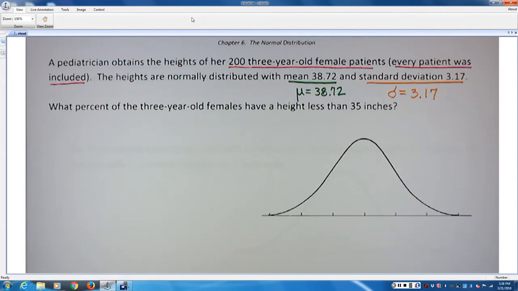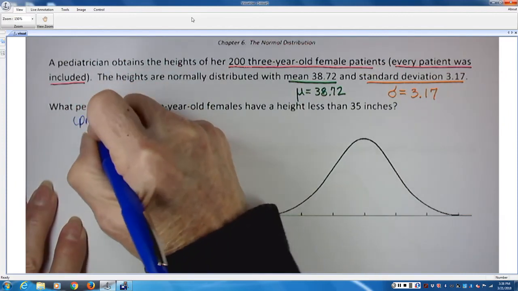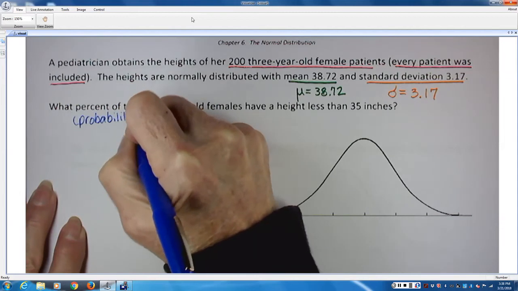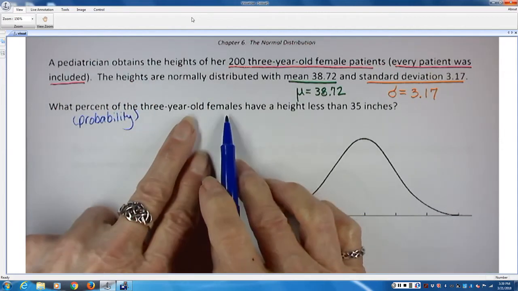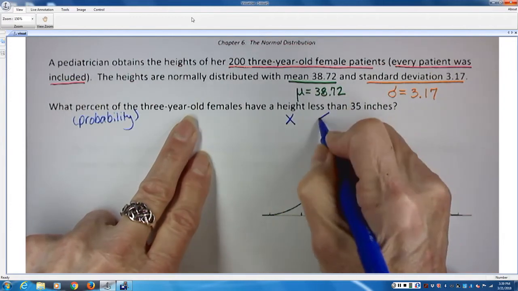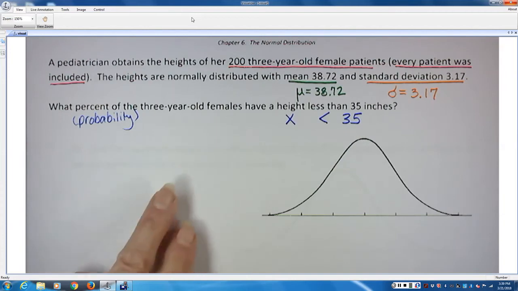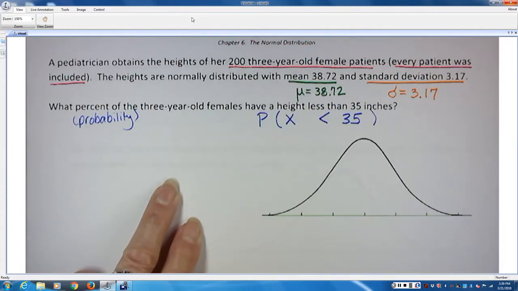And the question that they're asking us is, what percentage, or what is the probability of a 3-year-old female patient that has a height, which is X, less than 35 inches. So this is what we're trying to find, the probability that X is less than 35.